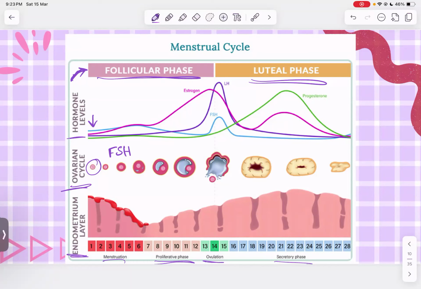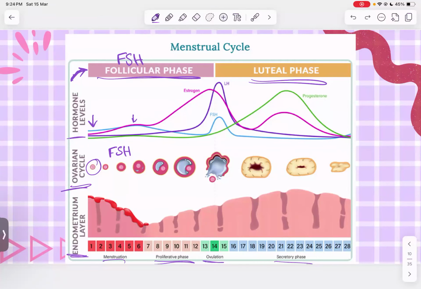So in the follicular phase, remember, FSH is the main hormone that is working here. When FSH recruits those eggs, the growing egg will release estrogen, okay? And we can see here that estrogen starts increasing, okay? As estrogen increases, it sends a signal to the pituitary gland to stop releasing FSH and release more LH.